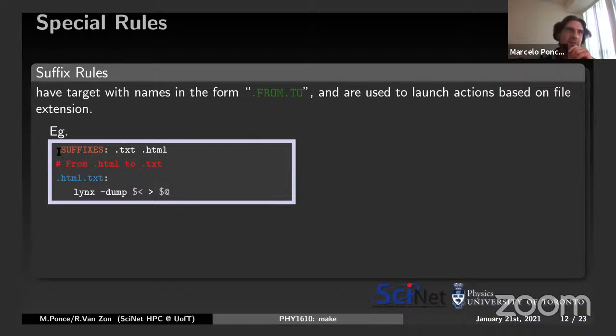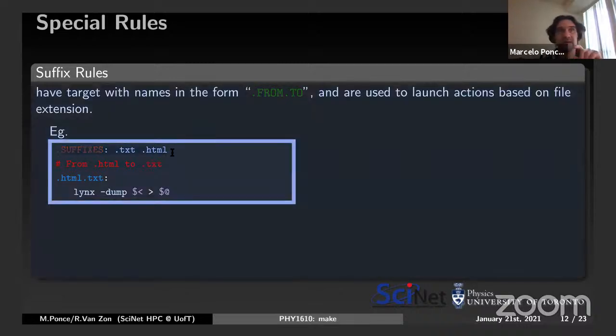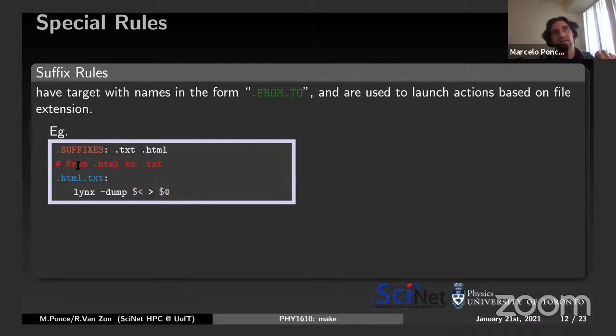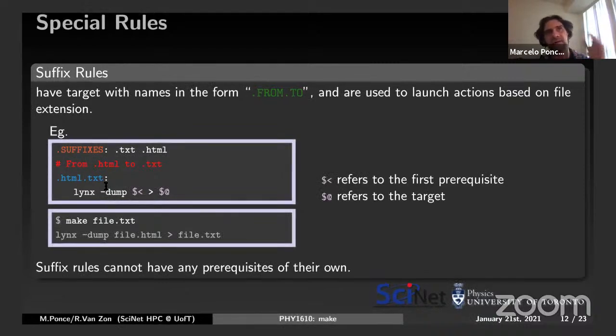For instance, I'm going to have suffixes defined as .txt and .html. And then what I'm writing here is from .html to .txt. It means: take links, which is a tool for converting HTML files into TXT files.